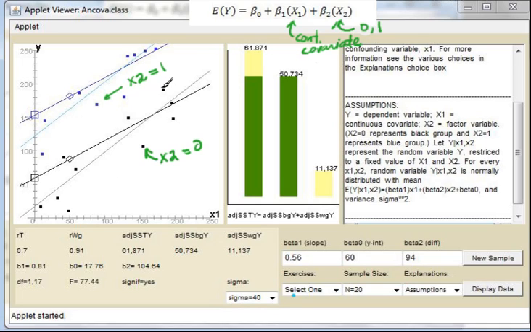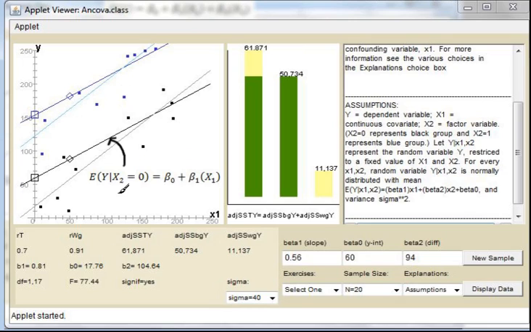Now the model assumes a linear dependence of the expected value of y on x1 and x2. So when x2 equals 0, this linear dependence is visualized in this black line. This black line has equation expected value of y equals beta 0 plus beta 1 times x1.